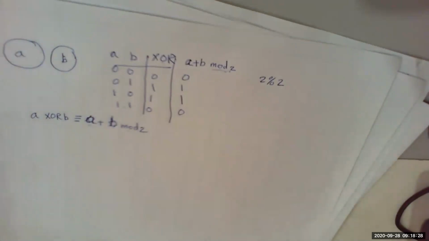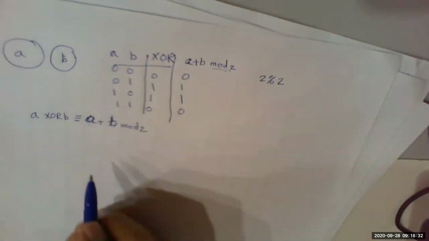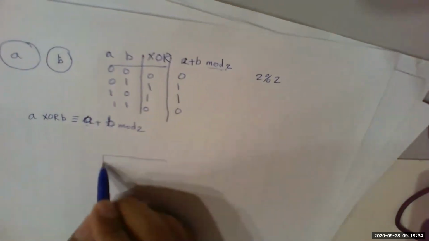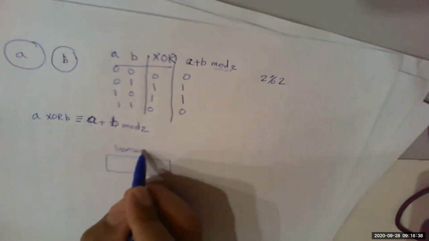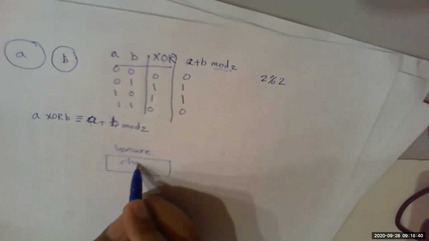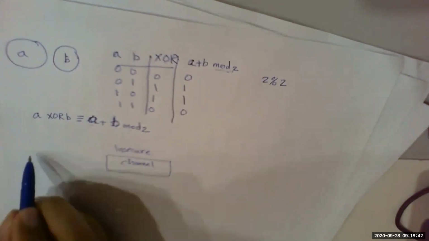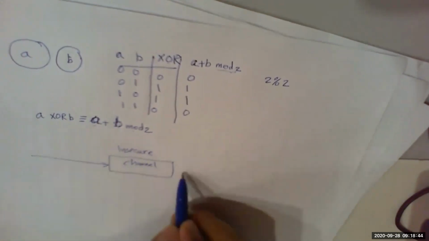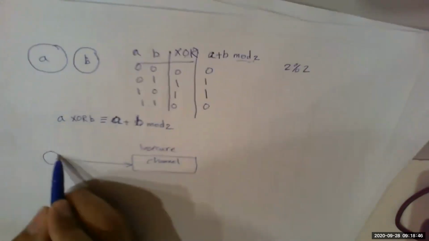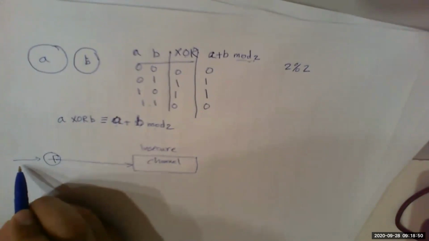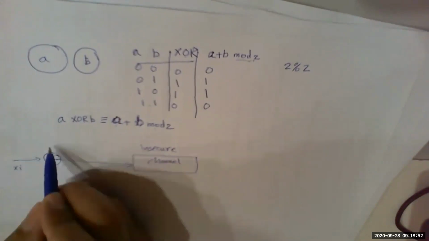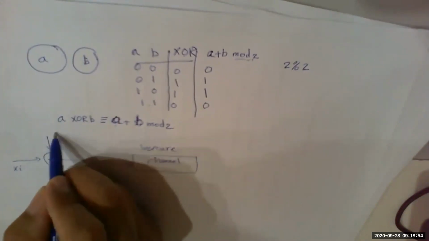Can we take an example? I will show you how the sender and receiver communicate over an insecure channel. We want to send a stream of bits, and we apply the XOR between the original text, which is XI, and a key, which is SI.